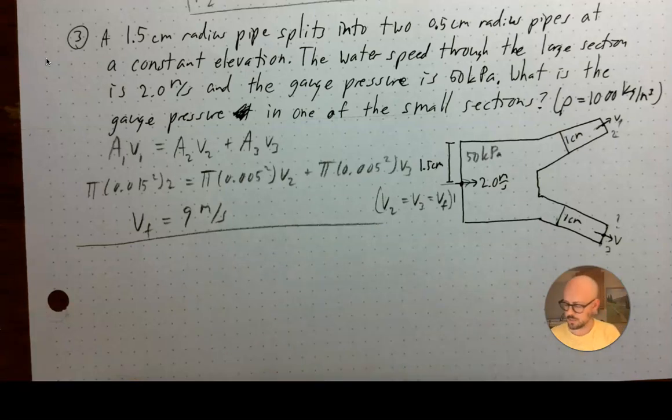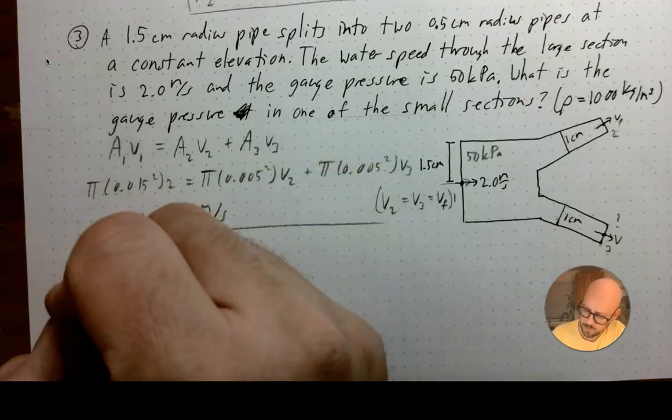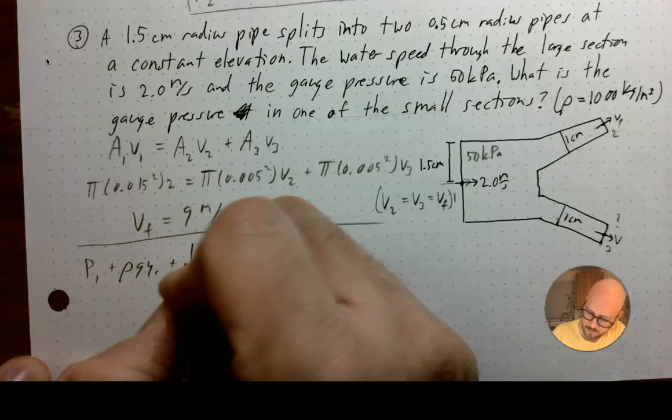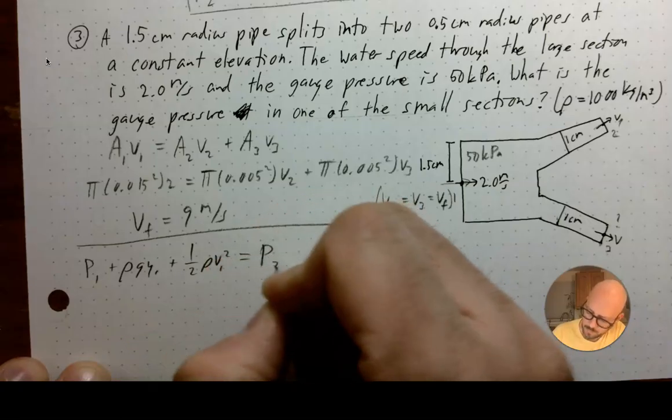So before I get to Bernoulli, I have to work with that to figure out that speed. So it's significantly larger because I had a drastic reduction in radius. So now I can use Bernoulli, and I will now write out this equation again. It's a big one, but all of the parts are important.